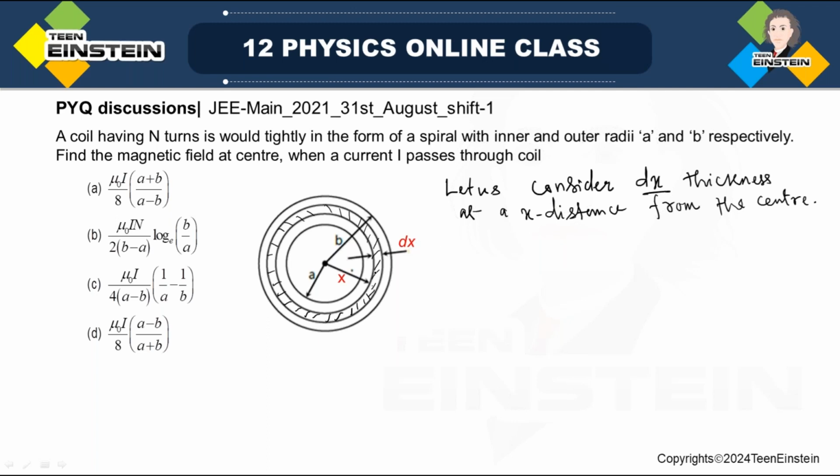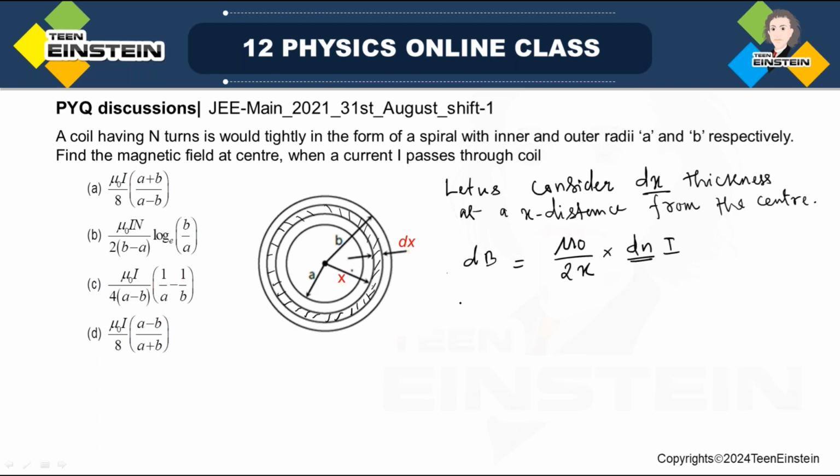Now I have to find out how many turns will be there in that dx thickness, because I know the magnetic field. If I write for this thickness, dB is equal to mu naught by 2x into the number of turns here, let us say dn, into I. I have to find out what is this dn.